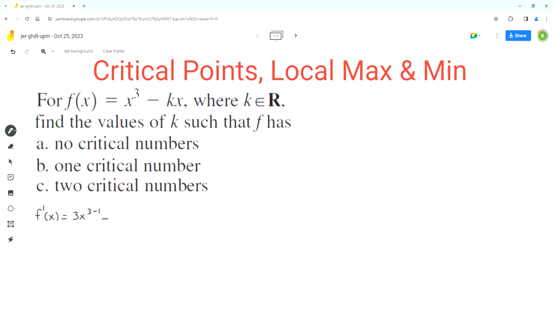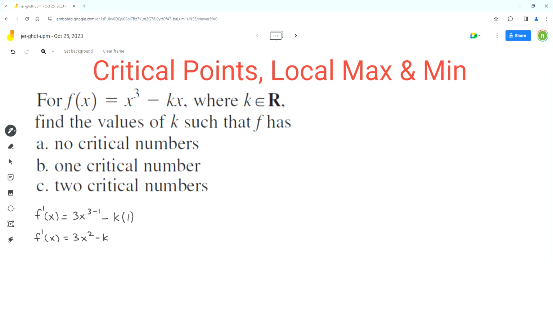Now minus, k is a constant because it's a real number, so it will stay as it is, and the derivative of x is equal to 1. So k is the coefficient of this term, so that's why it doesn't change. Now we can simplify this expression. So f prime of x equals 3x squared minus k.